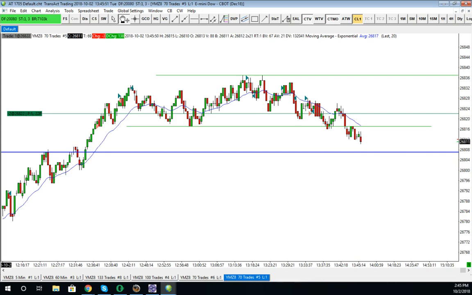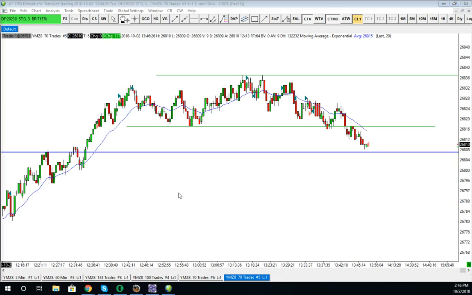Let's see about booking some of these gains and moving on. We do have this area drawn, so really the right thing to do is to exit this very soon. We're exiting.